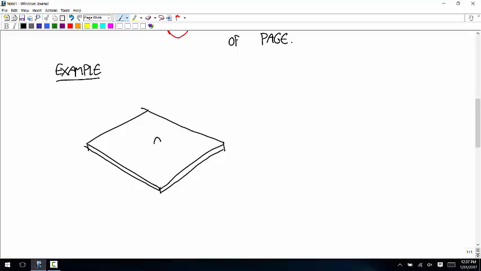And there's a hook in the middle of the plate. And a cable connects that hook to a point directly above the corner of the plate.